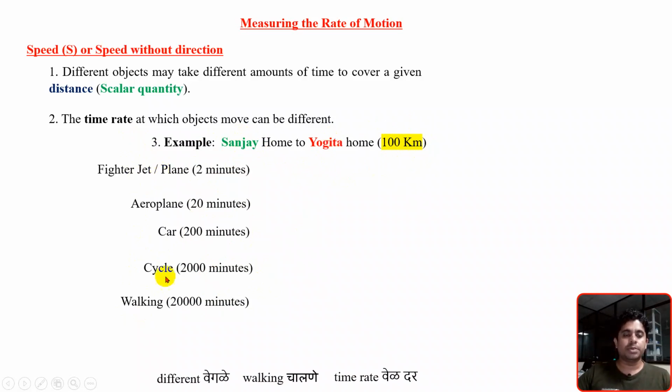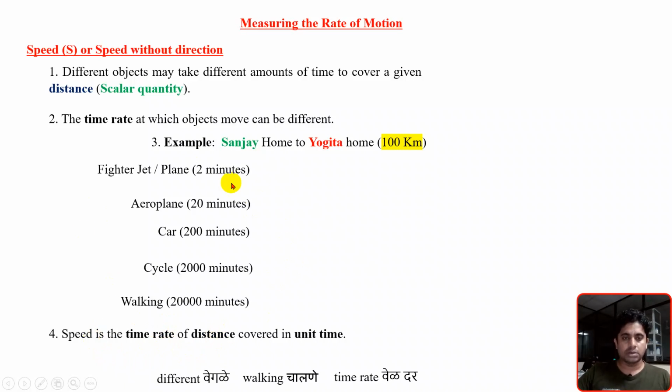But these different objects took different amounts of time to cover it. So what does speed actually mean? Speed is the time rate of distance covered in unit time. In a unit time, how much distance is covered, that time rate is nothing but speed.